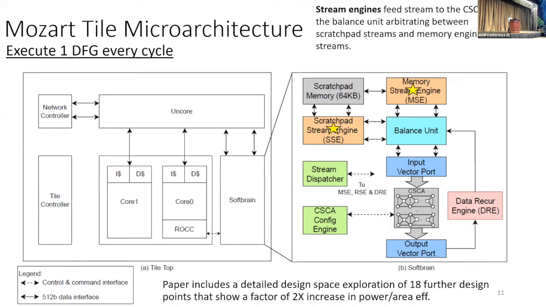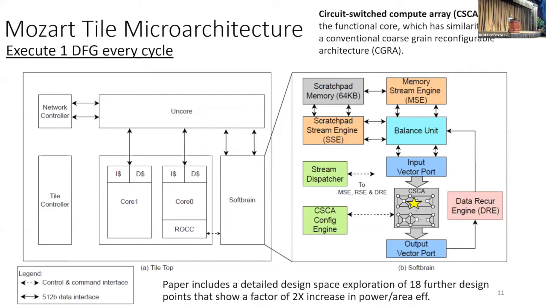That includes two stream engines, and they're essentially hardware structures with some state machine and some buffering to access these various different address patterns, and their job is to hide memory access latency and saturate the memory bandwidth that you have. Then a balance unit orchestrates which of those two gets fed into the hardware array.